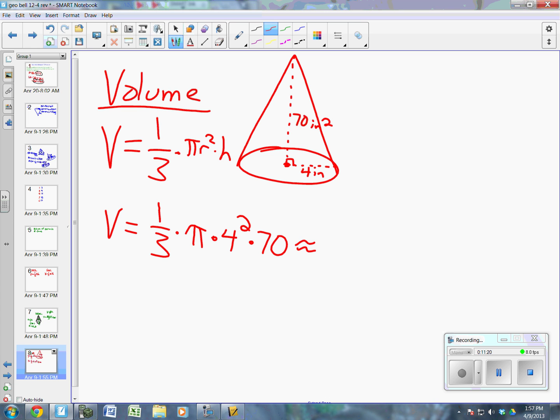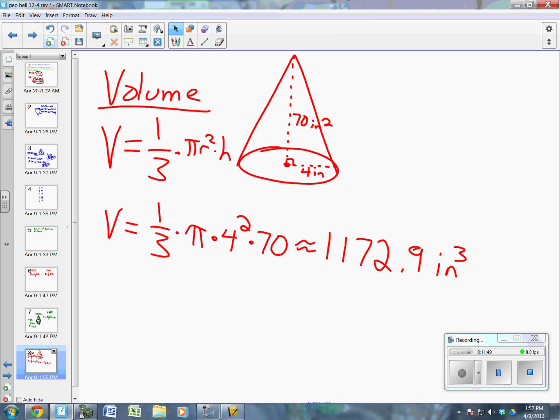1/3 pi times r squared times 70. What do you get? 1,172.9 inches, what?